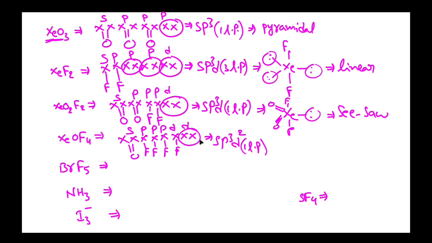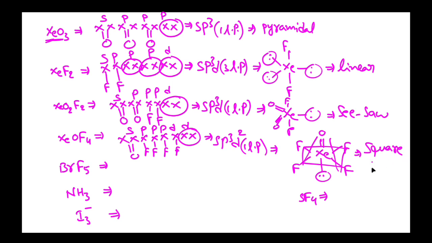Originally sp3d2 is octahedral. Here 1 oxygen atom is there, 1 lone pair, and the remaining are fluorine atoms. So this looks like square pyramidal.